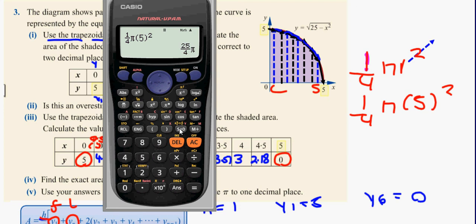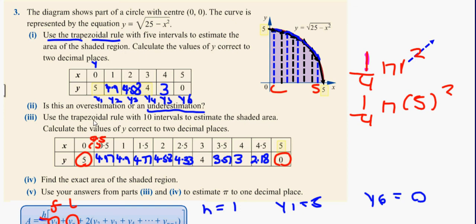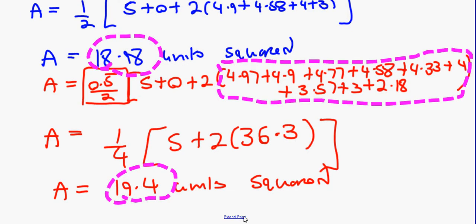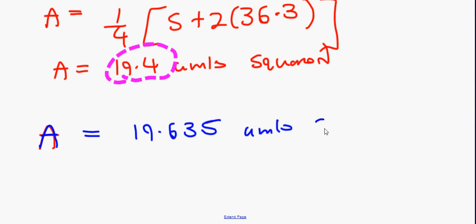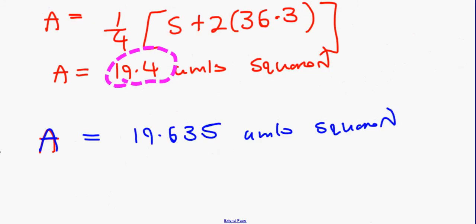And what we're going to get here is 19.63635. So we know that the exact area is 19.635 units squared. So we can see that the estimation using 10 intervals was much closer than that of the one using 5 intervals.